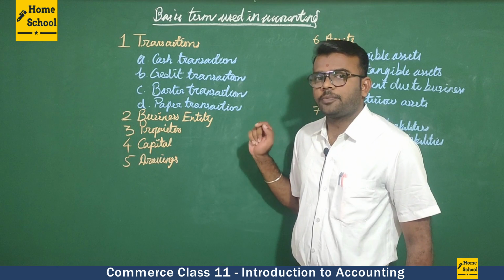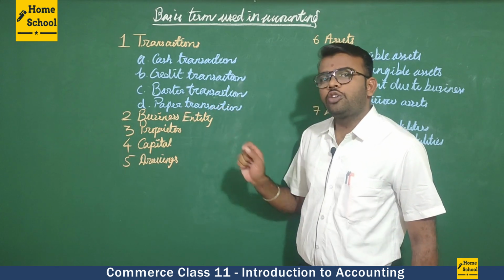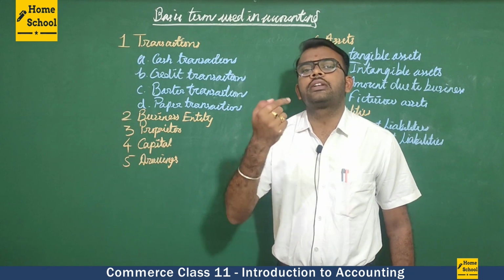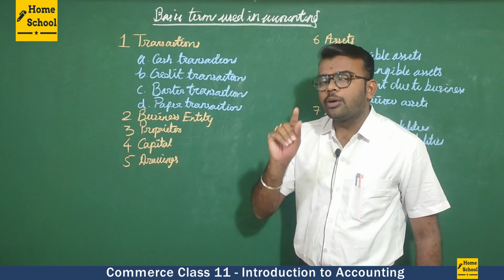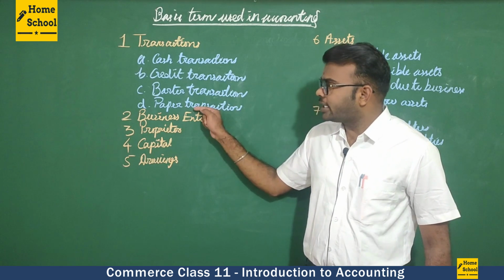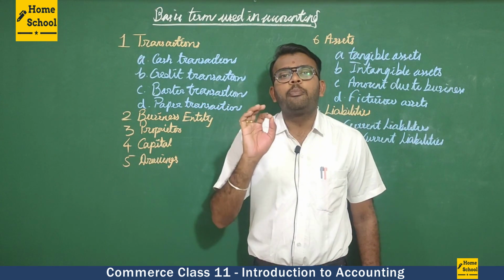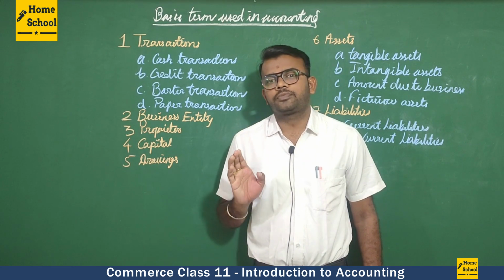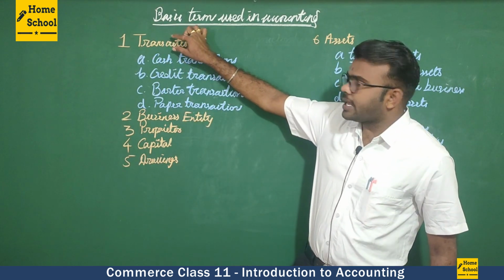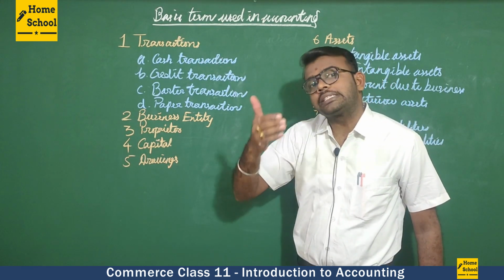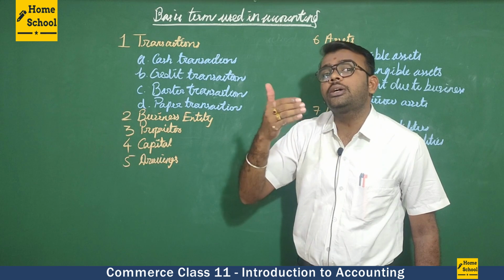Paper transaction. Here there is no question of giving or receiving cash, but in the books of accounts we need to show that transaction. That type of transaction is called what? Paper transaction. So a transaction is an exchange of goods or services with respect to money.